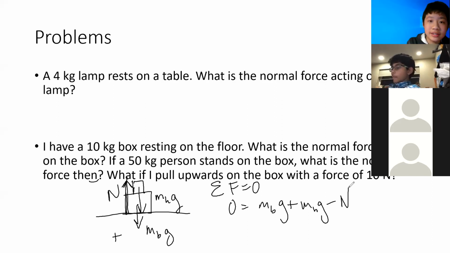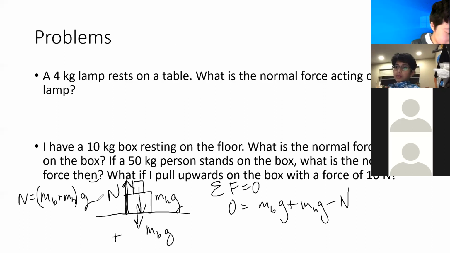Now I just need to solve this for N. N will equal mb plus mh times g. So now I have the mass of the box plus the mass of the human times 9.8. Normal force equals 588 newtons.